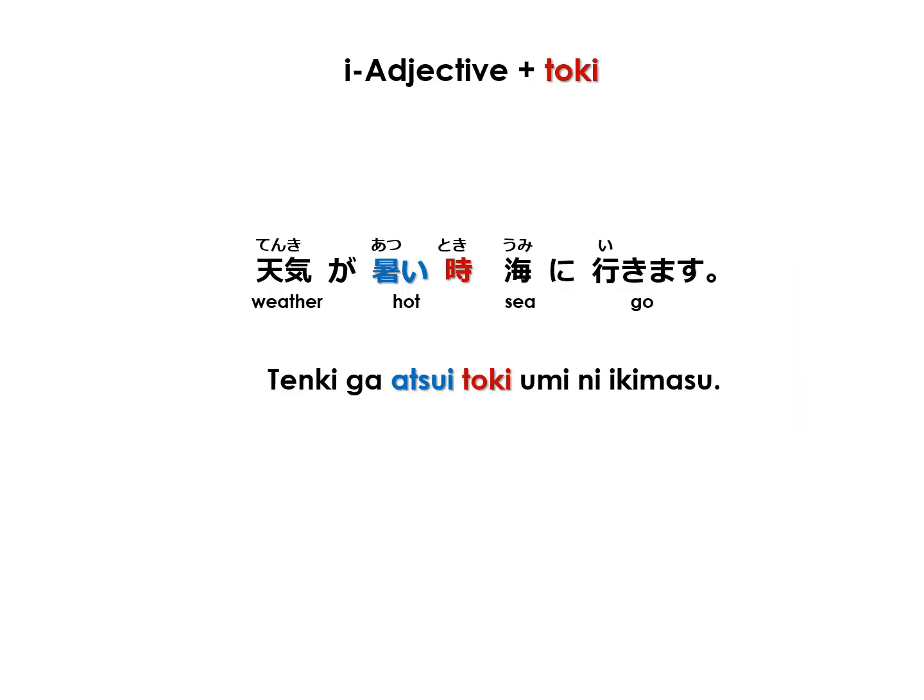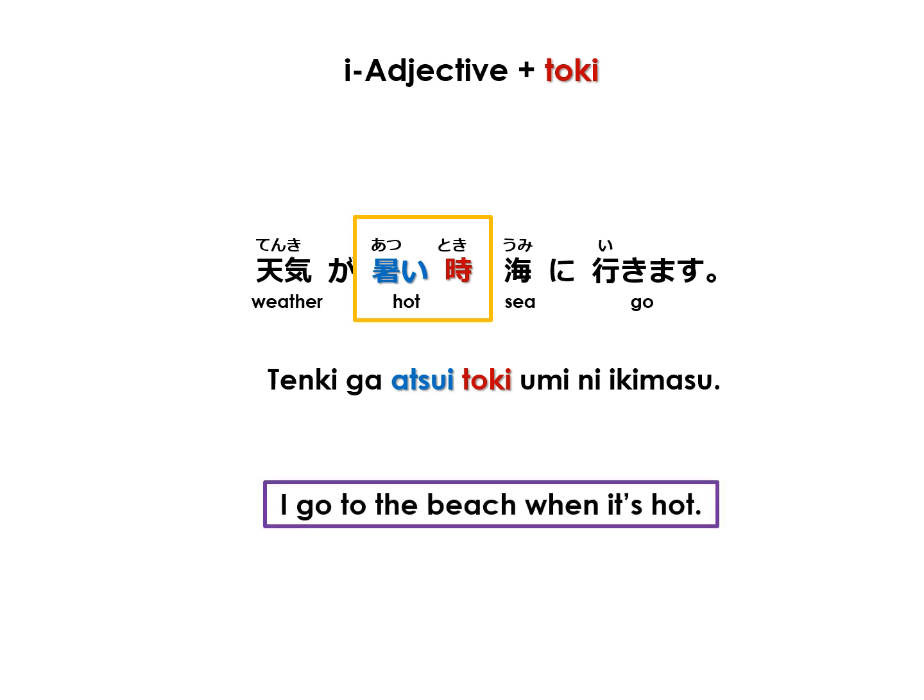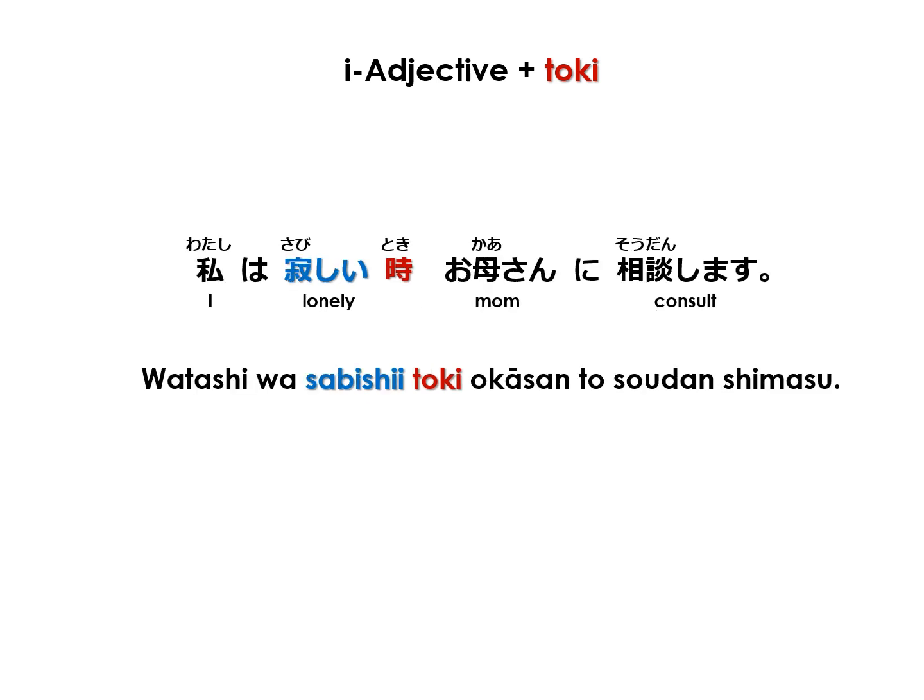Here's an I-adjective example. 天気が暑い時、海に行きます. When it's hot, I go to the beach. 私は寂しい時、お母さんに相談します.